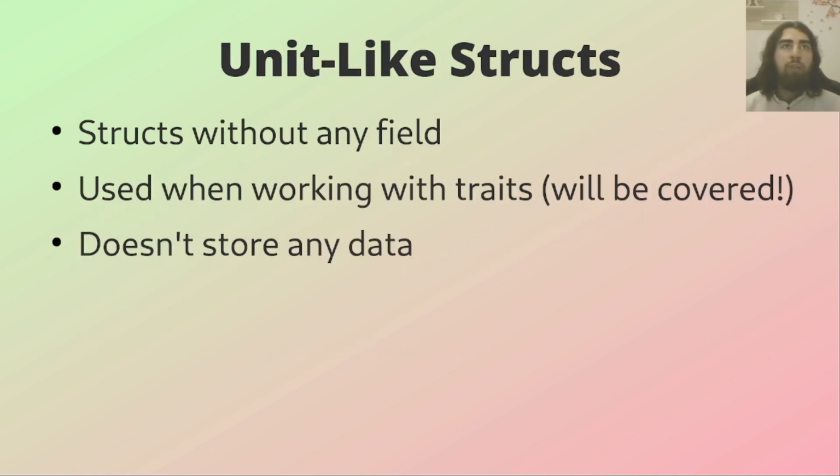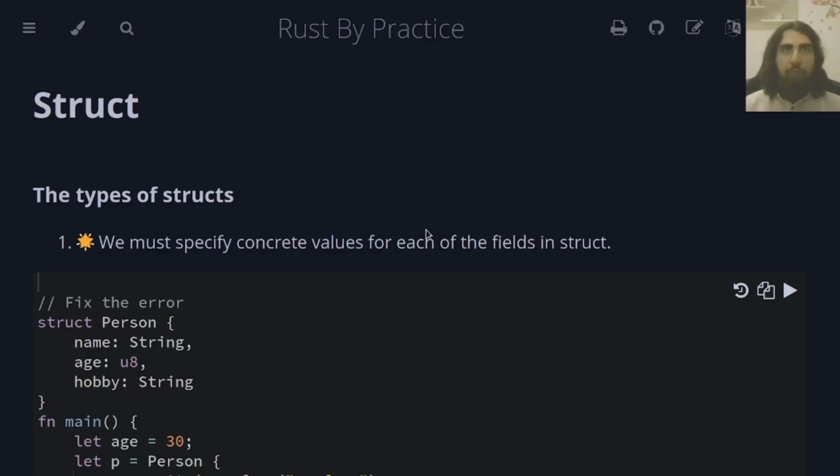And then we have unit-like structs, and these are structs without any fields, meaning they don't hold any values. It's mainly used when working with traits, and this will be covered soon. And that means they don't store any data.